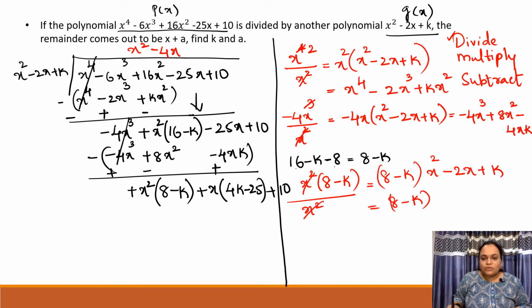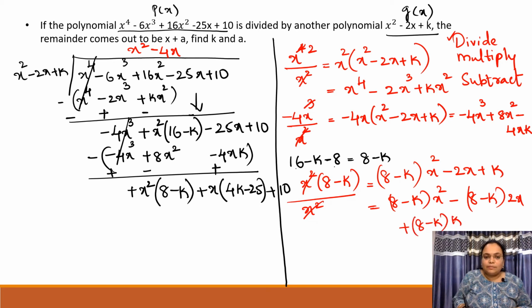That gives 8 minus k of x square, minus 8 minus k of 2x, plus 8 minus k of k. Next term is plus 8 minus k of x square, minus 2x of 8 minus k, plus k of 8 minus k.